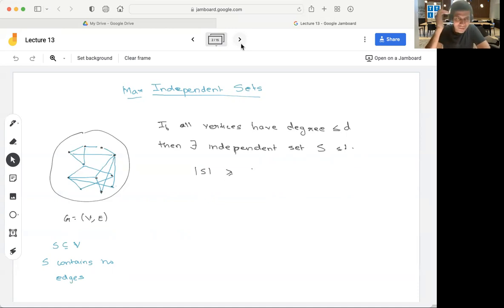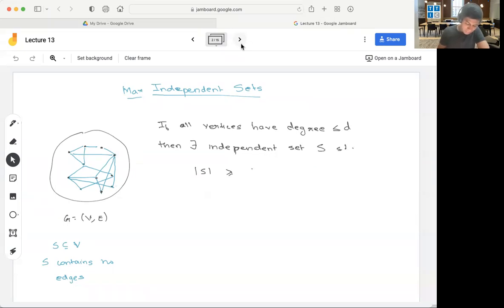Well, sometimes we think of edges as some sort of dependencies or relation between these nodes. And when you find an independent set, you're kind of trying to say that the nodes that you have in your set S have no relation or no dependencies on each other, and you can view them as sort of degrees of freedom or independent choices, and you don't have to think about other nodes when you choose something for a node in S.